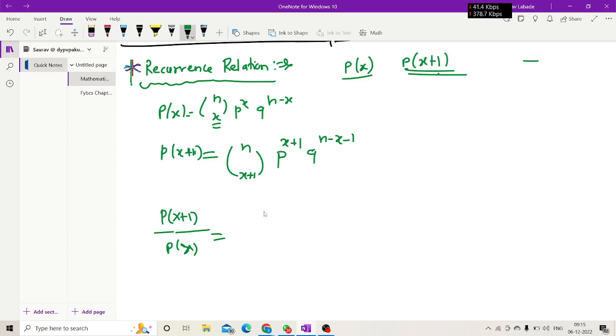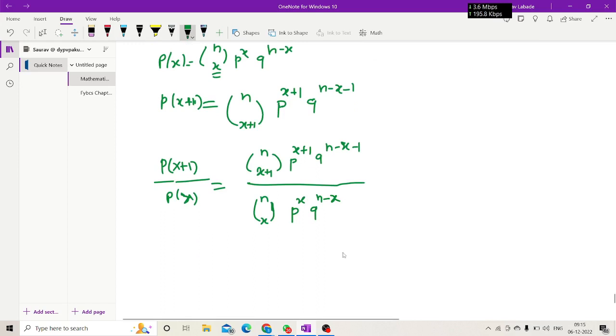First is nC(x+1) p^(x+1) q^(n-x-1) divided by nCx p^x q^(n-x). Now what will happen here?